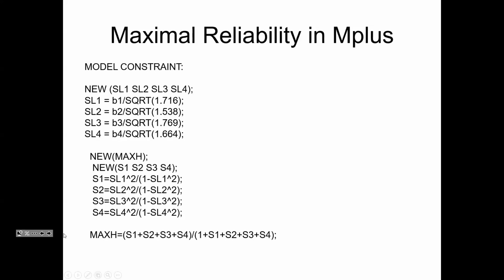In this case, we don't need that because we fixed our factor variance to be 1. But that is true that in general, the standardized loading is the unstandardized loading times the standard deviation of the factor divided by the standard deviation of the indicator. Any other questions? Good. All right.